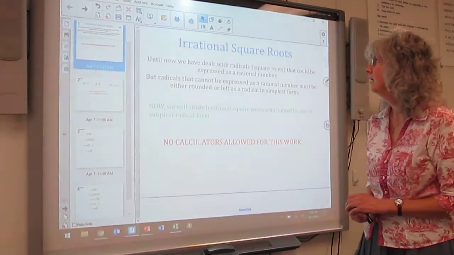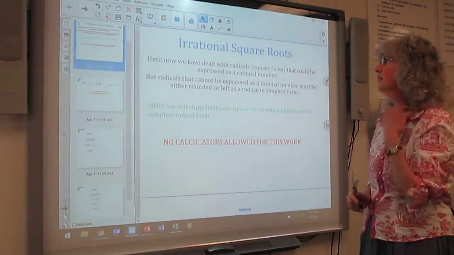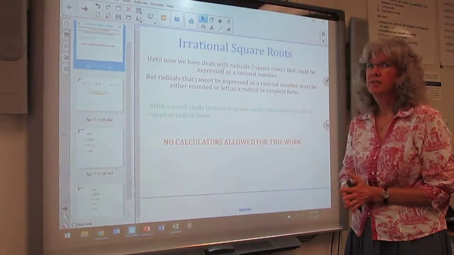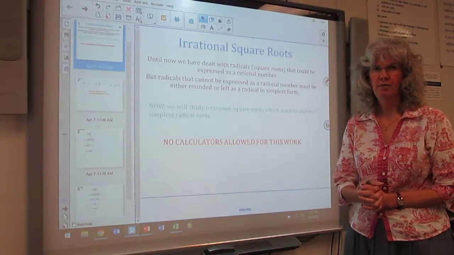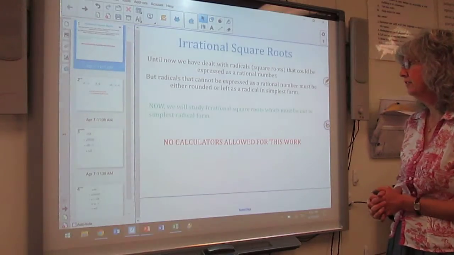To talk about irrational square roots. Until now, we've dealt with radicals, which are square roots, that could be expressed as a rational number in the form of a over b, where b is not zero and a and b are integers.